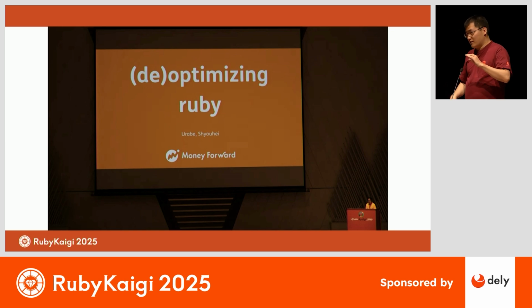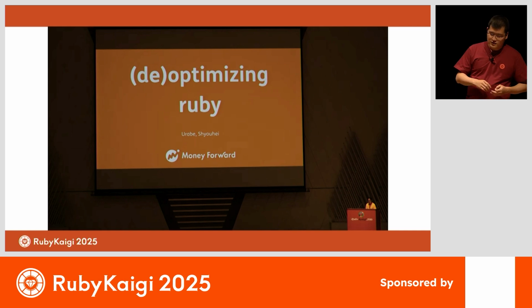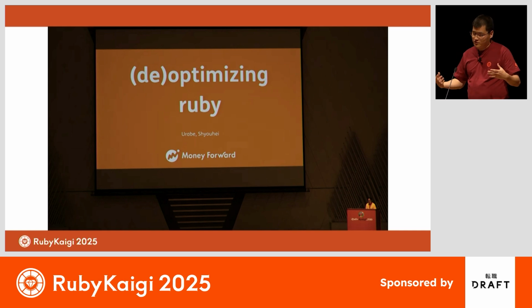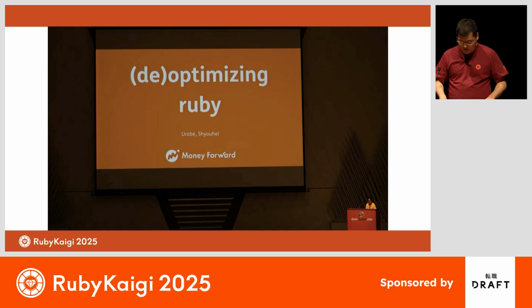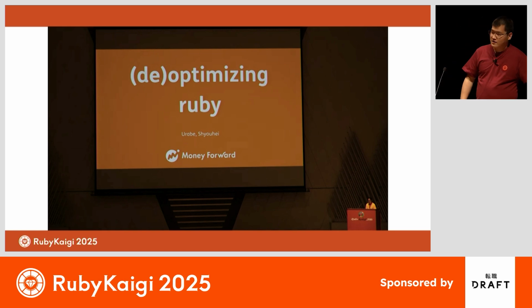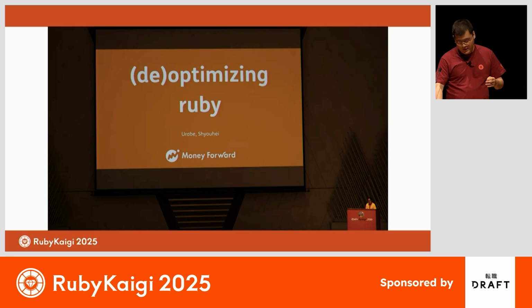That idea was pretty interesting, and it didn't end up being merged to the master branch, but today, as of Ruby 3.4 or 3.5, we have a mechanism called deoptimization. It's already released in 3.1, 3.2, 3.3. Every YJIT release has the mechanism called deoptimization.